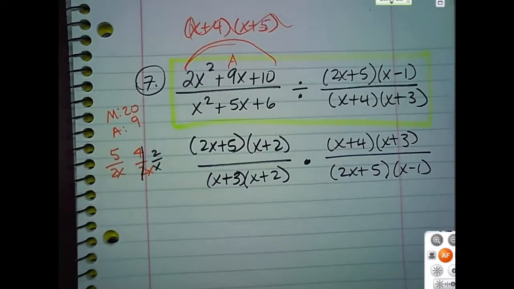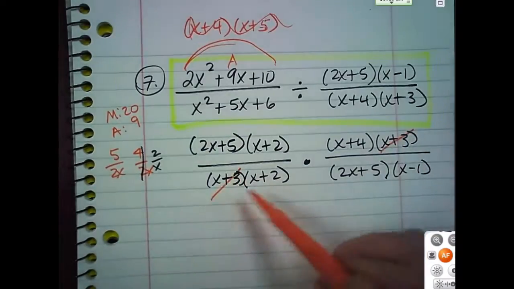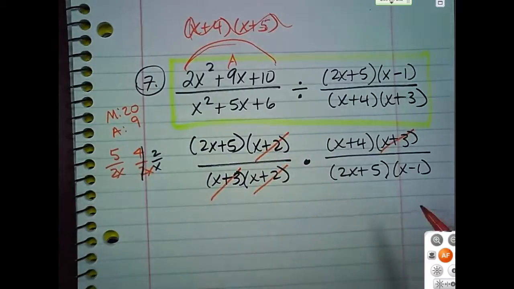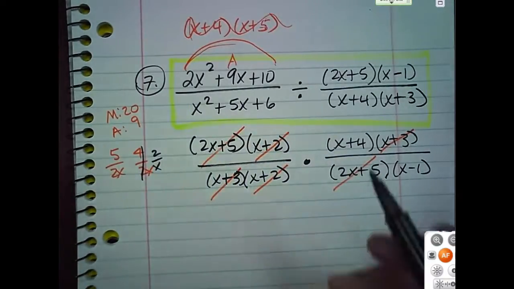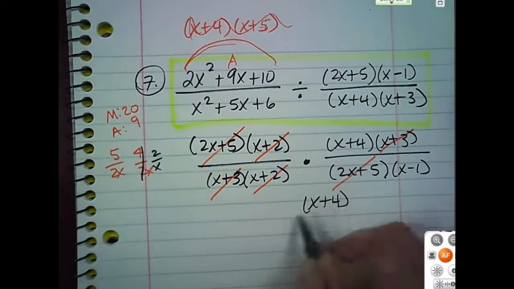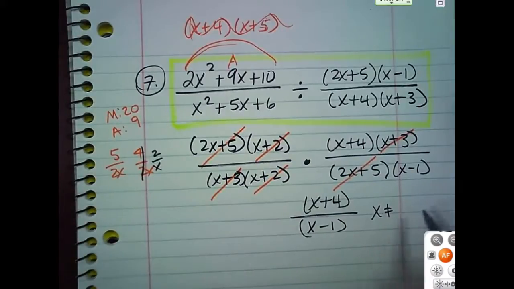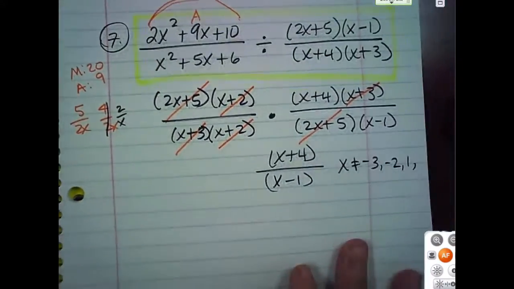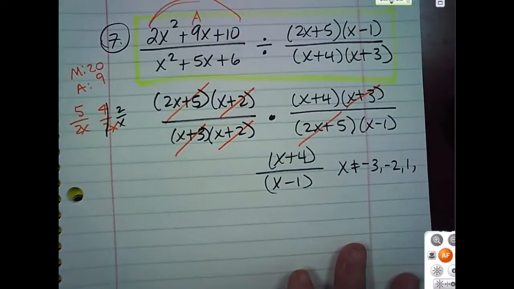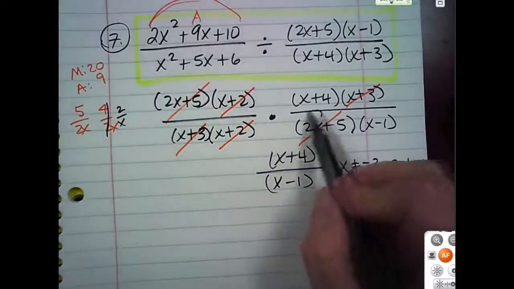Now cancel everything. Cancel what you can. A lot cancels. And label your restrictions. What about the weird one?